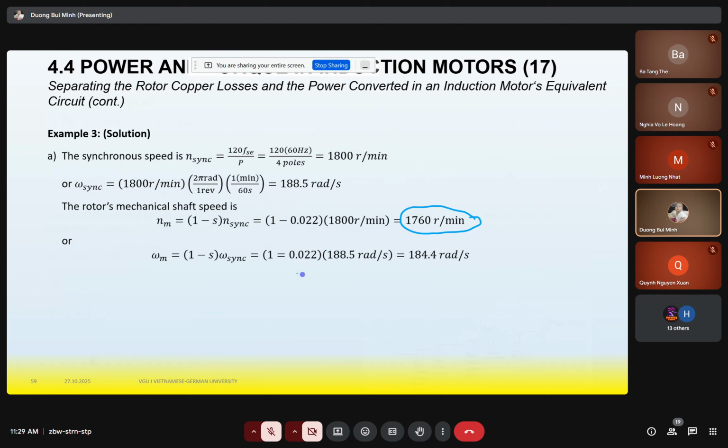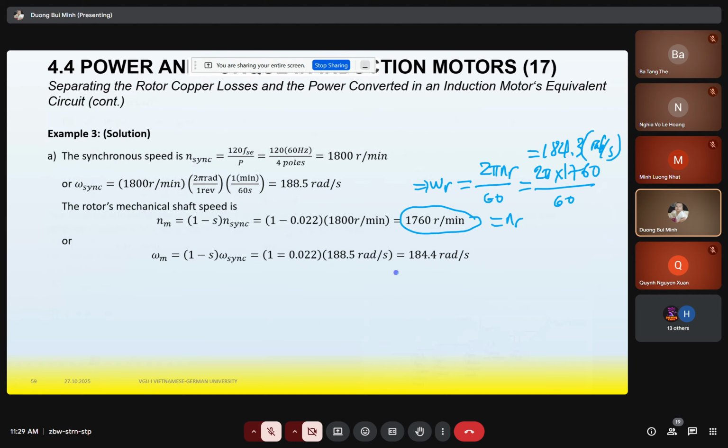This is rotor speed, so we can calculate rotor angular speed. ωR, or omega R, is 2π times nR over 60. That means 2π times 1760 divided by 60, so you get 184.3 radian per second.